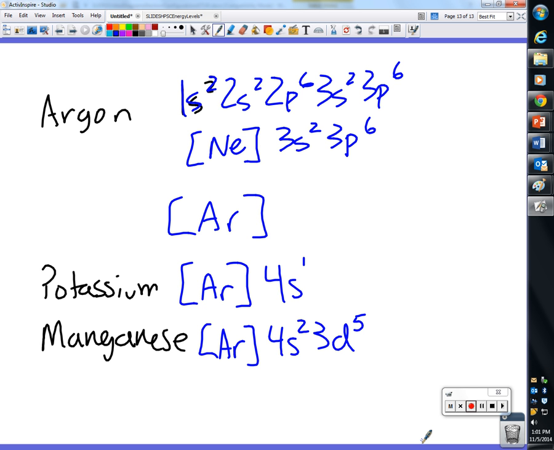Libby, go ahead. What about the Aufbau principle? The reason why it says Aufbau principle by potassium is because even though we've gone 3s and then 3p being full with argon, the next level that we come across isn't 3d, it's 4s.